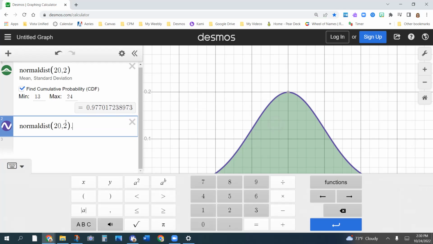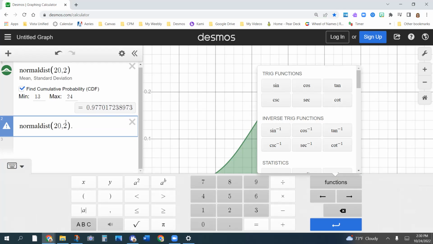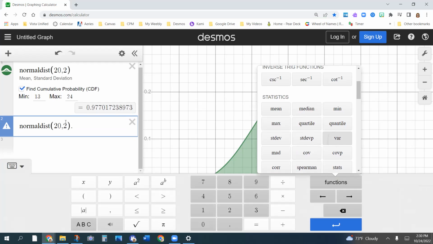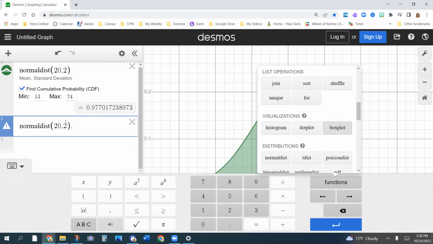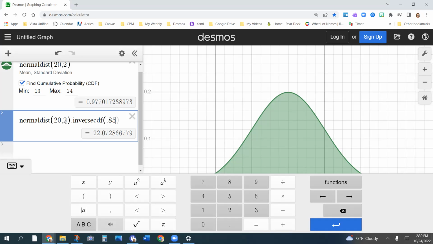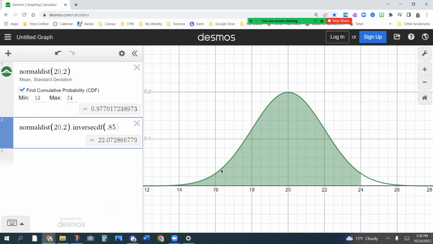Put a point, and then I can click here again and pick my inverse CDF. And let's say I wanted to know the top 85%. So this would be 85% of this would be at 22.